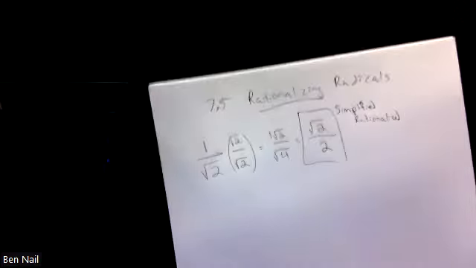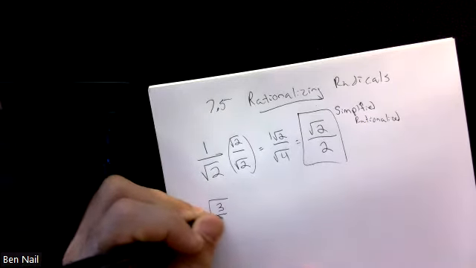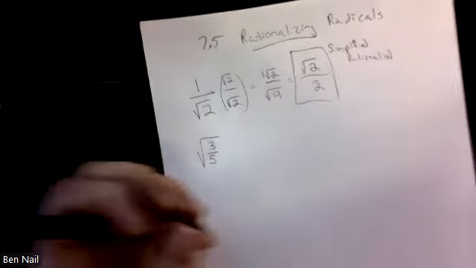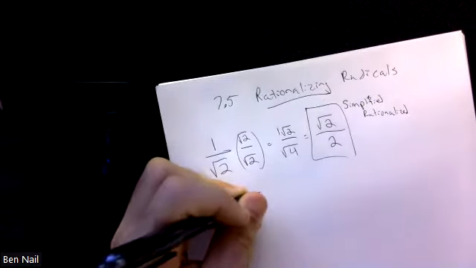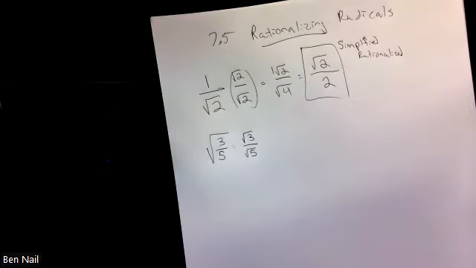Now they can do a couple of different things. If they give you something that looks like this, square root of 3/5, an easy thing to do is just to rewrite that as the square root of 3 over the square root of 5.